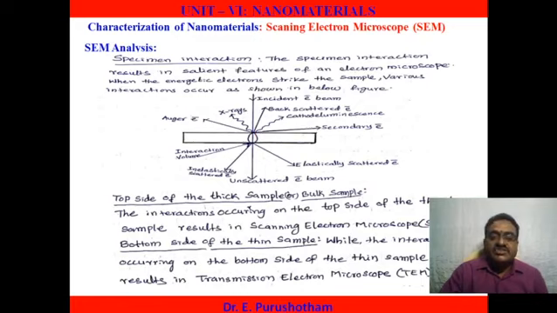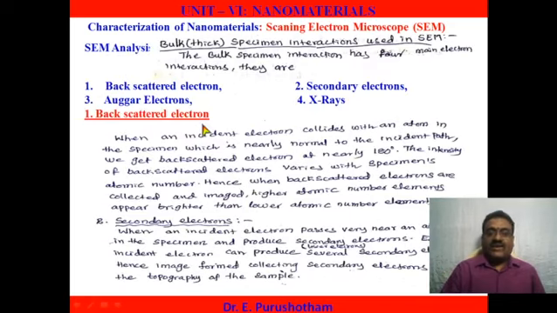A higher energy state electron jumps and occupies this vacancy. The electrons that occupy the vacancy are called Auger electrons. Due to these Auger electrons also, we get some information about the sample. So it gives the sample image. Due to this image, we can characterize the sample surface.